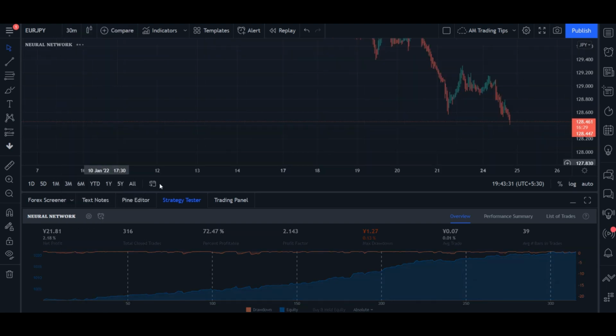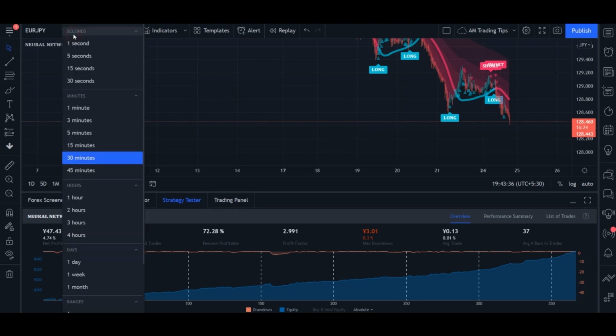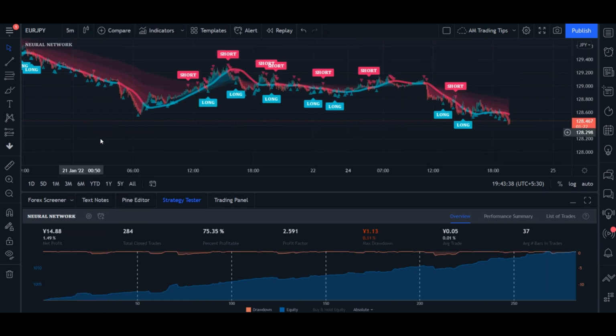The 30-minute time frame has given 72%. The 5-minute time frame gave the highest, 75% winning ratio, compared to the other time frames. That's why I have recommended 5 minutes.